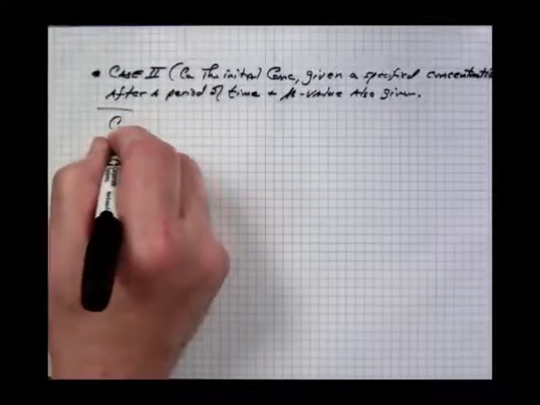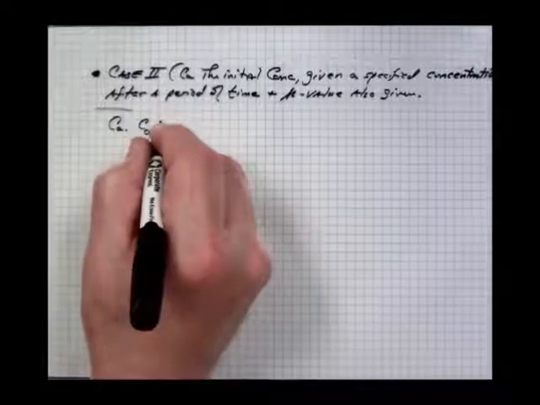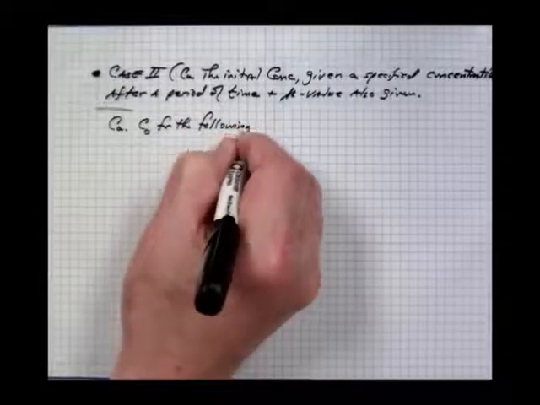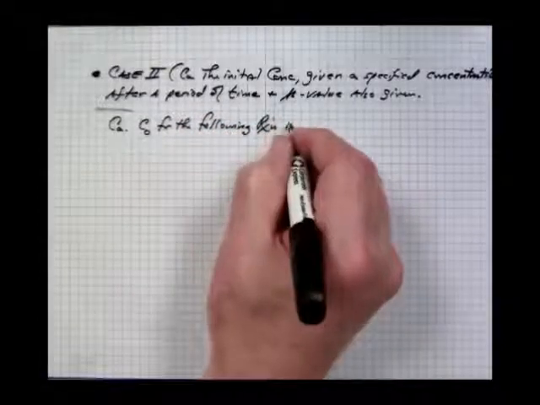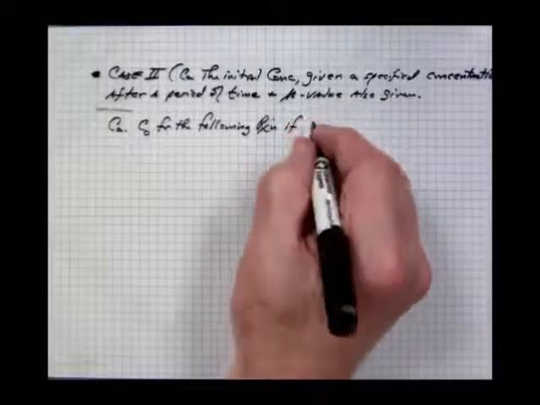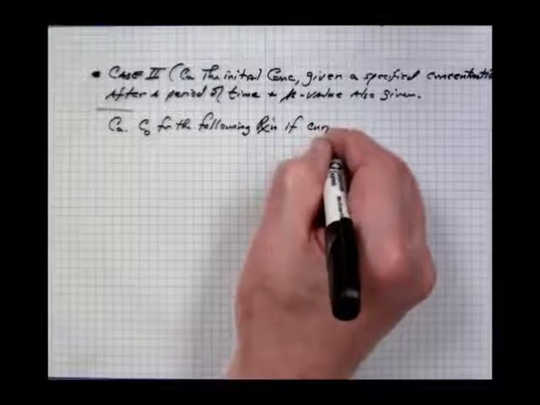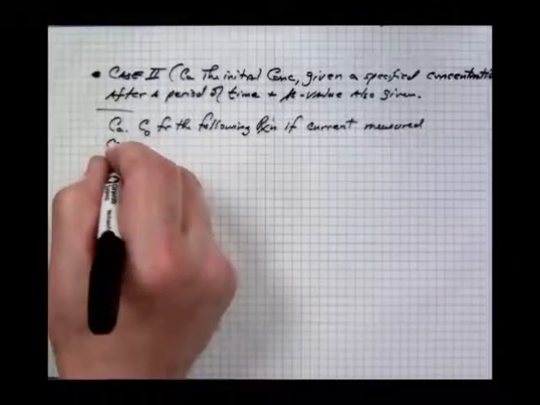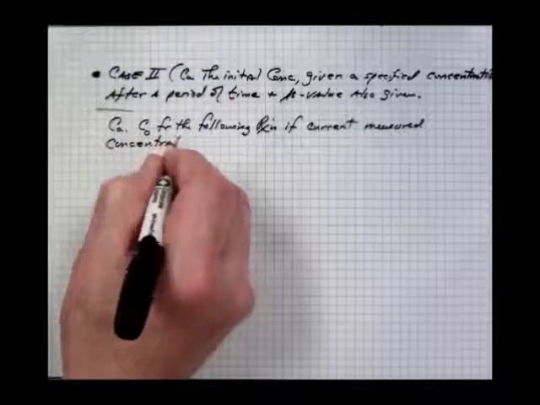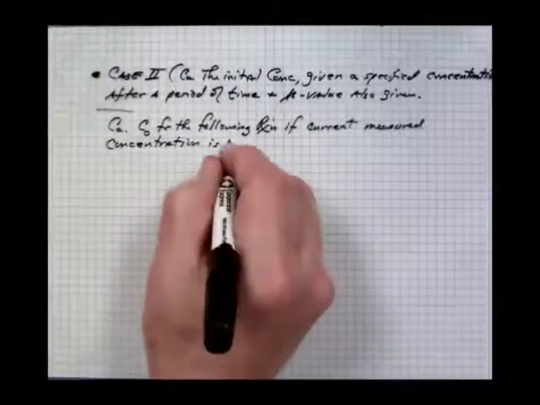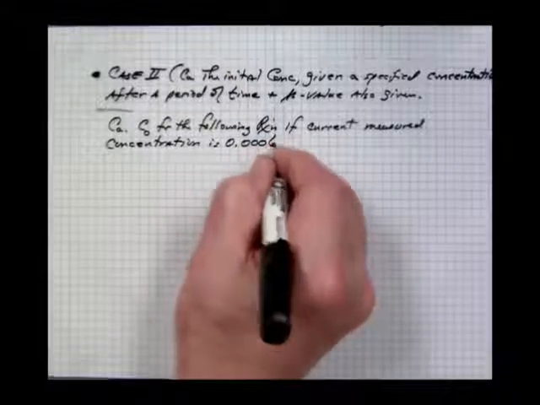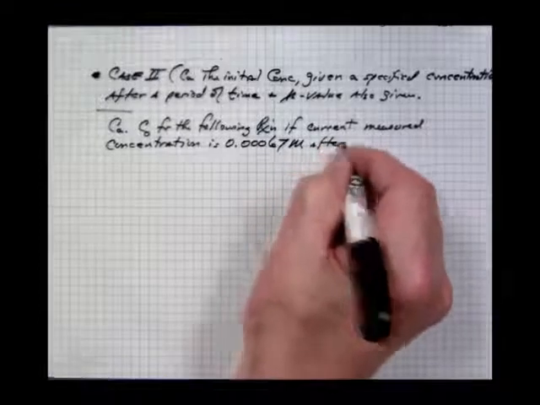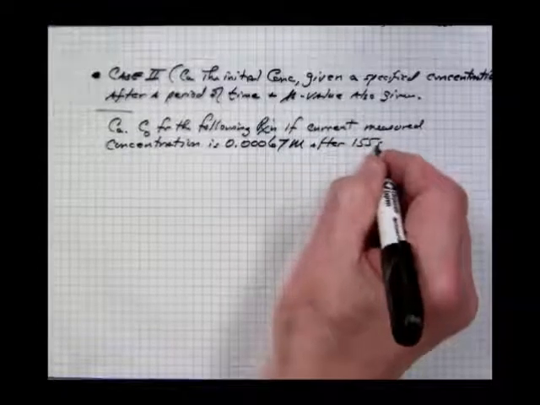Okay, so here's your problem. Calculate C sub 0 for the following reaction if the current measured concentration is 0.00067 molar after 155 seconds.